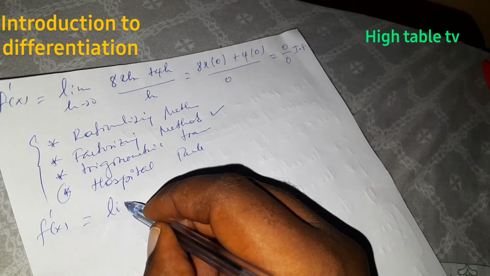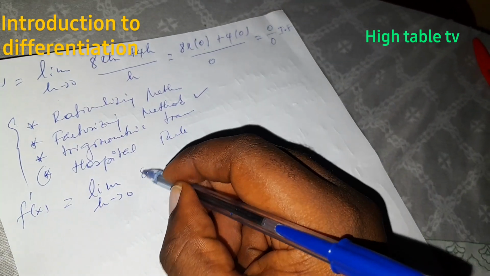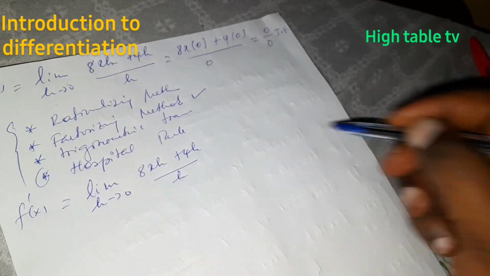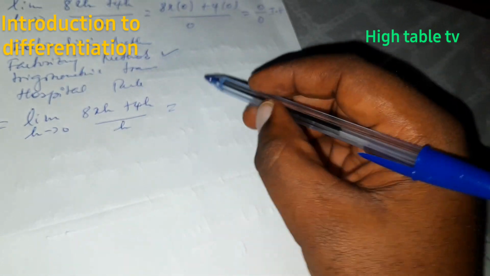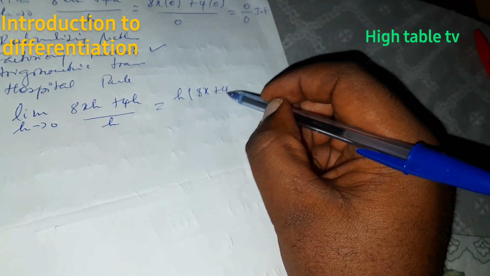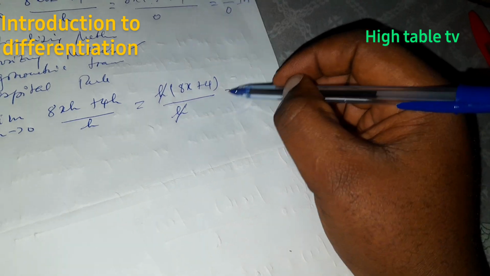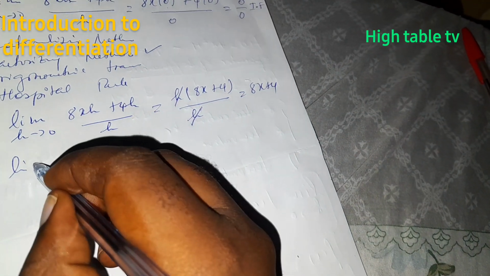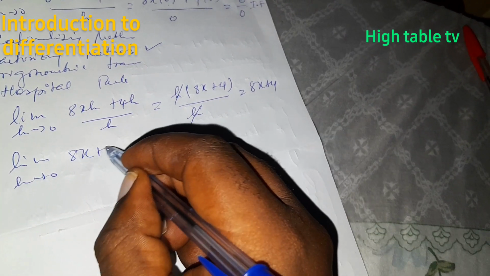So here we have the limit as h tends to 0 of (8xh plus 4h squared) over h. As you see, we can take out the h, and it will remain (8x plus 4h) over h. So the h will be cancelled, and then it will remain 8x plus 4h. So the limit as h tends to 0 will be equal to 8x plus 4h.